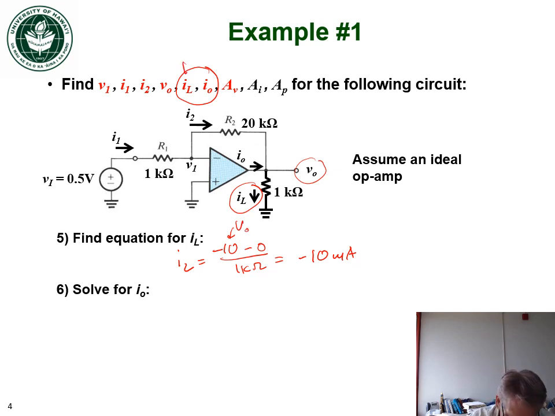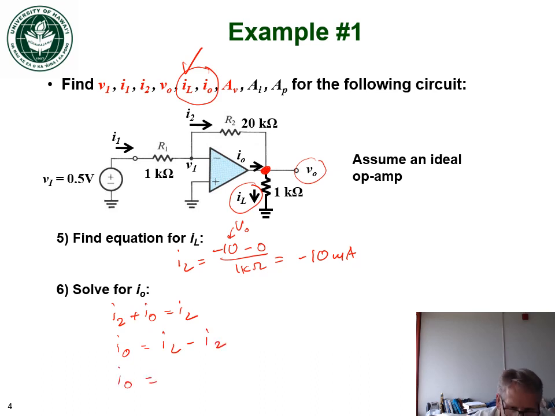And so that's IL. We can also solve now for IO by doing KCL at that output node. We can write that the current coming in is the current going out, so that I2 plus IO is equal to IL as it's drawn. In other words, IO is equal to IL minus I2.